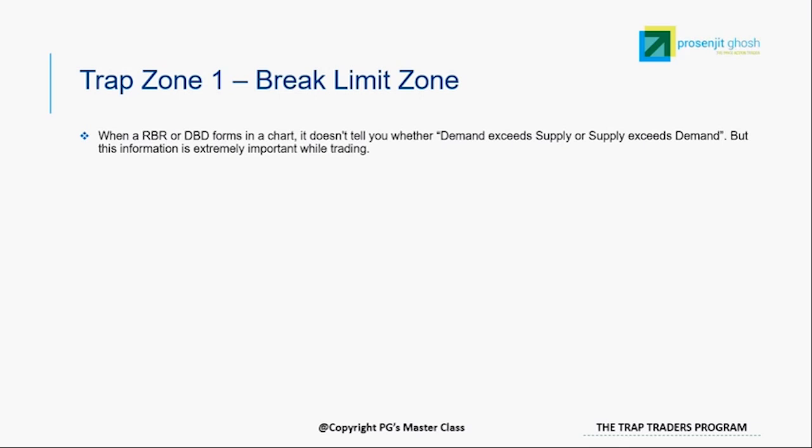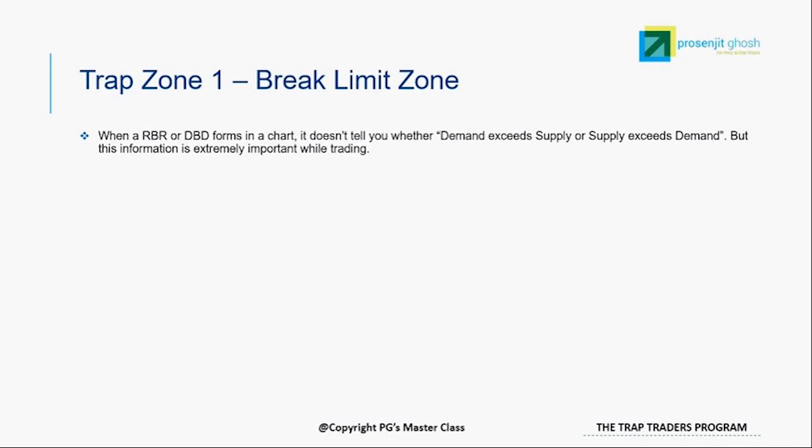When a rally based rally or drop based drop forms in a chart, it doesn't tell you whether demand exceeds supply or supply exceeds demand. You never know that, but this information is extremely important while trading.